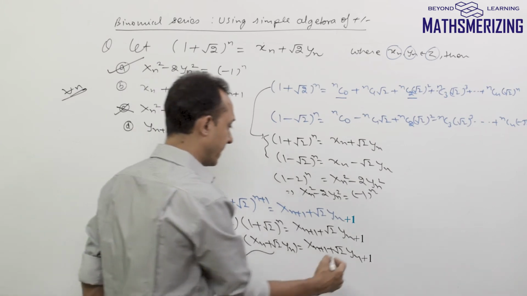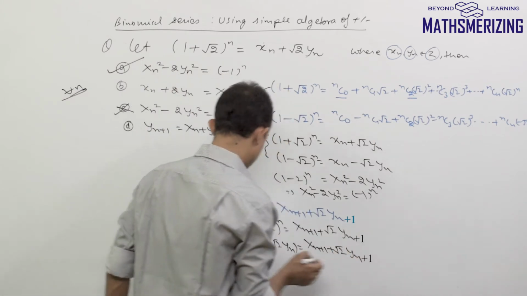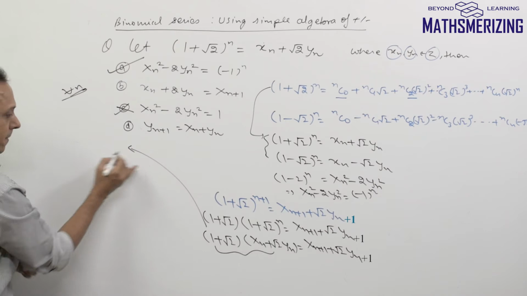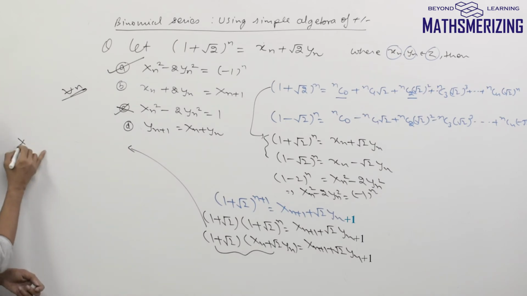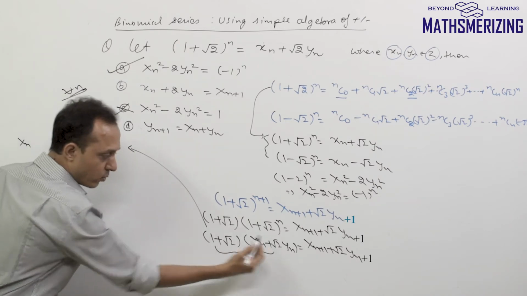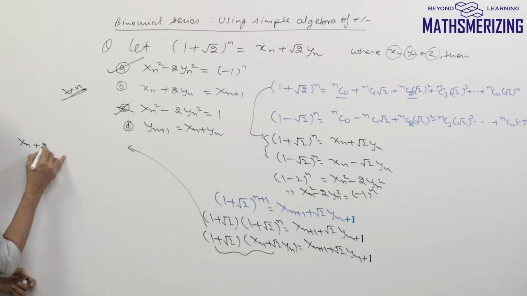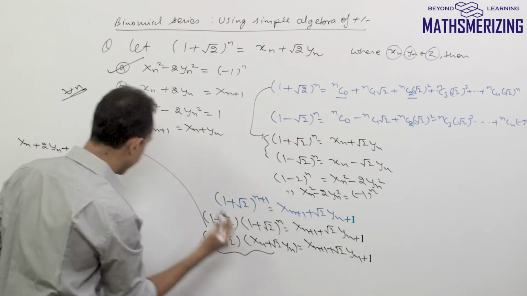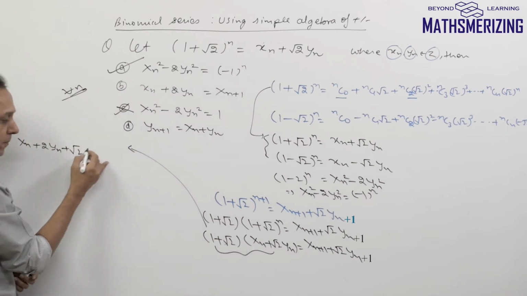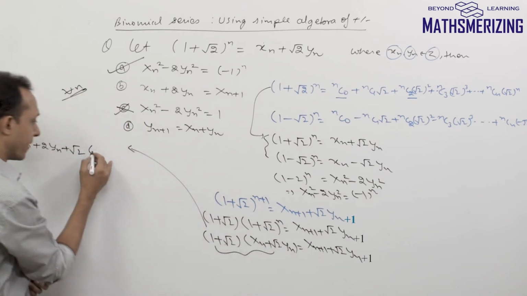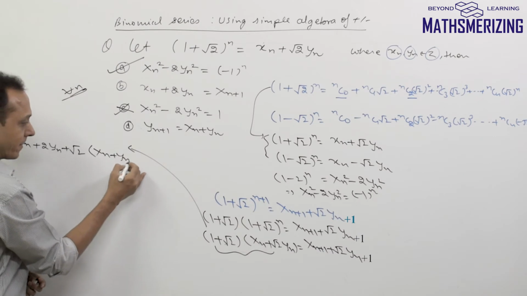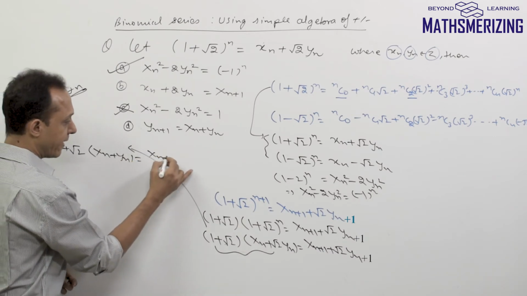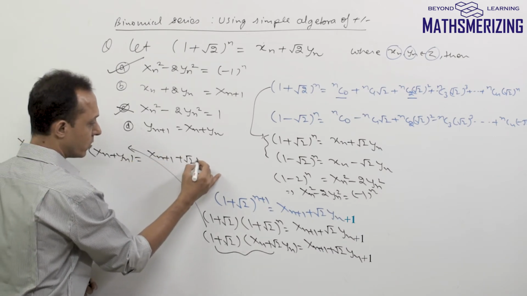Multiply them. If I multiply them, I can write it as xn, and then √2 and √2 will give plus 2 times yn, and then plus, if I take the terms containing √2, there'll be √2 and here will be (xn + yn). And this value should be equal to xn+1 + √2 yn+1.